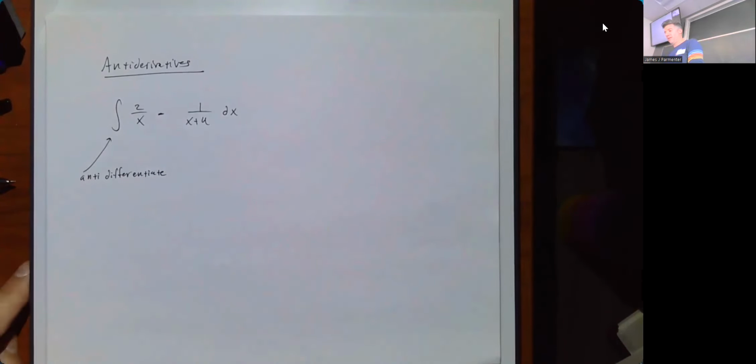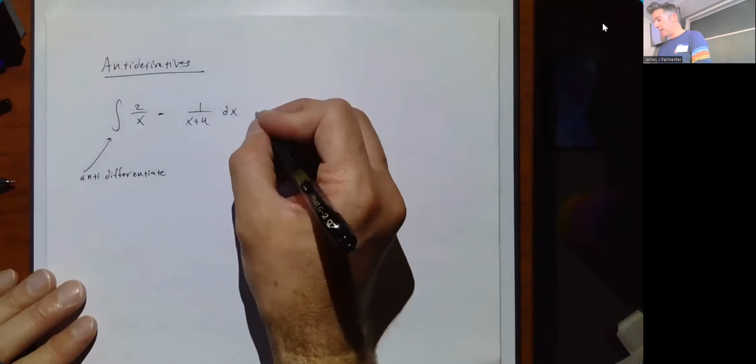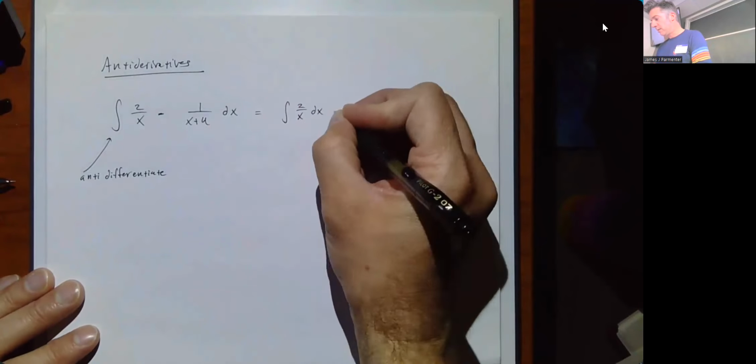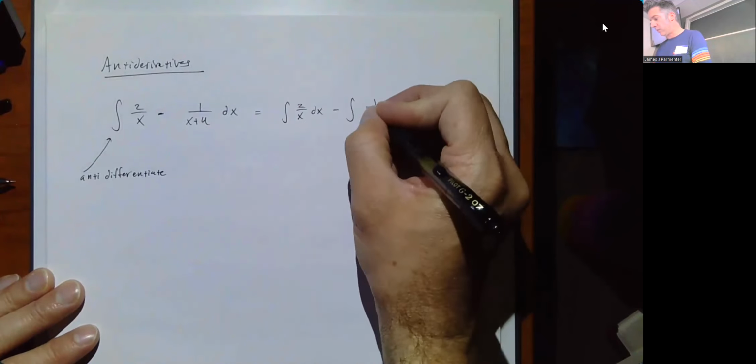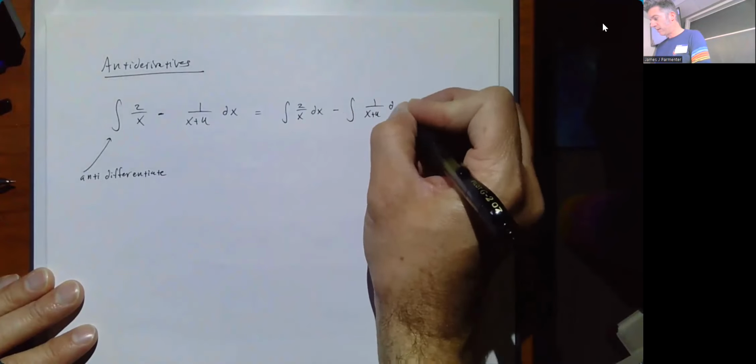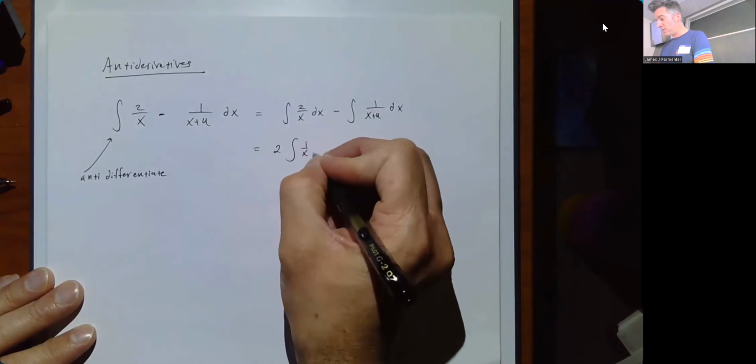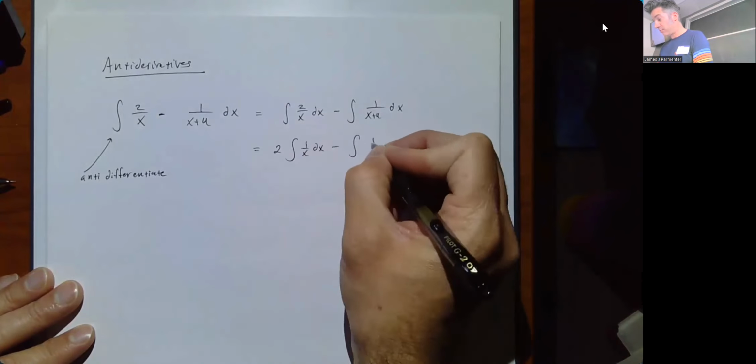I should point out, you could break this up. You could write this as the antiderivative of 2 over x minus the antiderivative of 1 over x plus 4. And then you can even bring this 2 out in front. Now, do I think you should do any of this work? Not really.